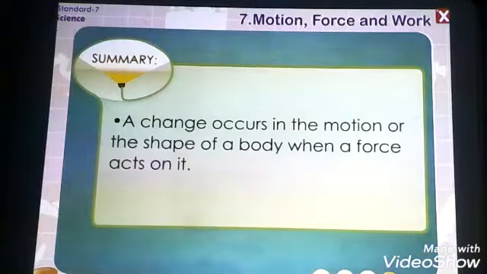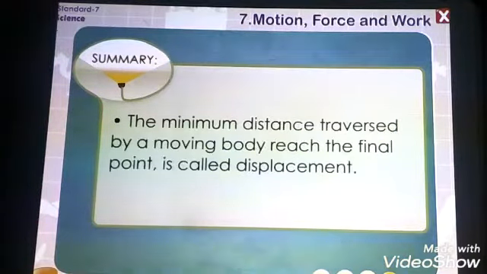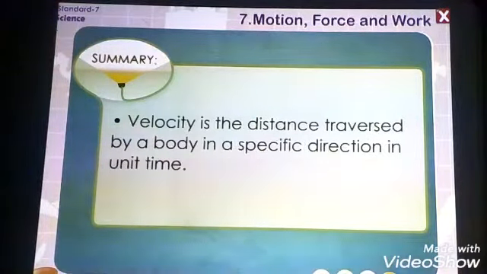Summary. A change occurs in the motion or the shape of a body when a force acts on it. The length of the route actually traveled by a moving body irrespective of the direction is called distance. The minimum distance between the start and the final point is called displacement. Velocity is the distance traveled by a body in a specific direction in unit time.